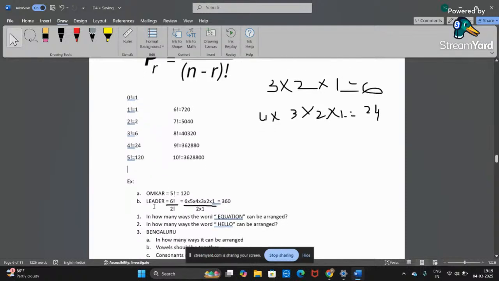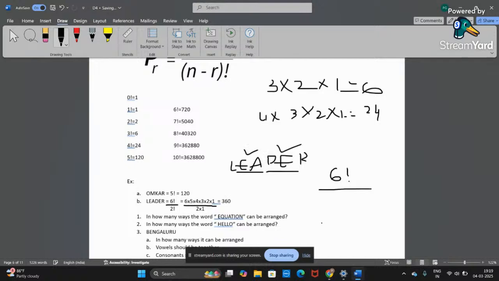In this word leader, E is repeated twice. So what are we going to do? I'll write it here. In the word leader, there are 6 letters. This 6 letters, we're writing it in the form of 6 factorial. Then here, E has repeated 2 times.